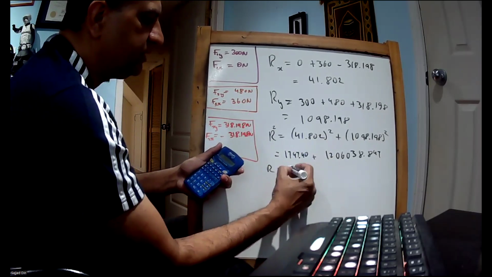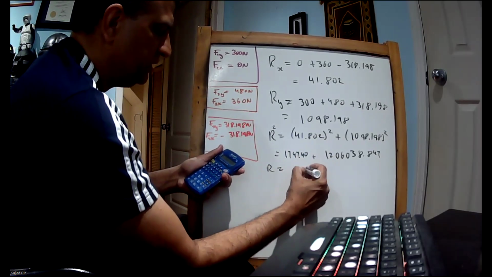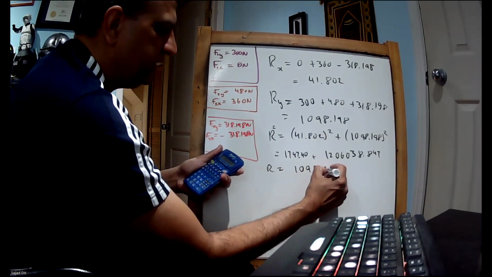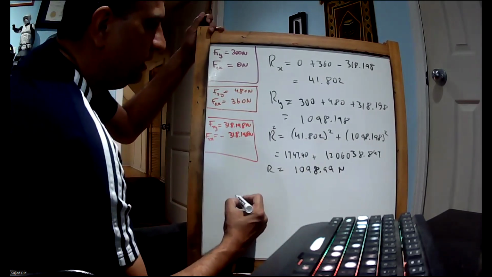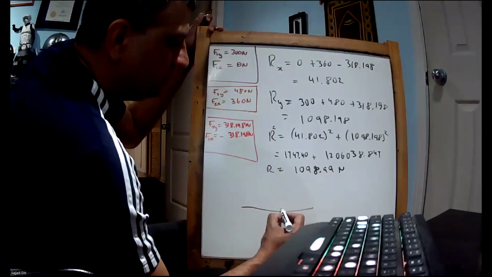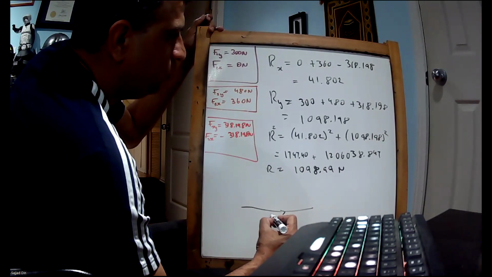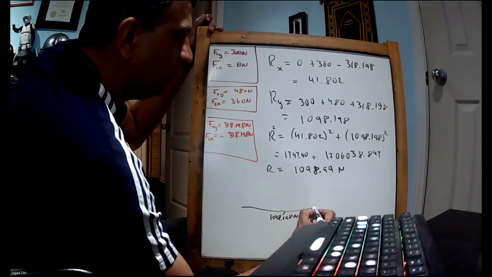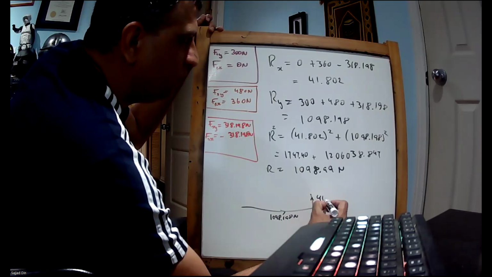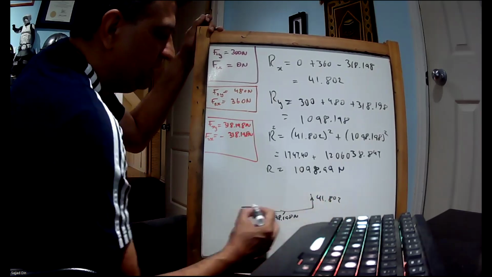So R is equal to 1098.99 newtons. And Ry is equal to 1098.198 newtons. And Rx is equal to 41.802.